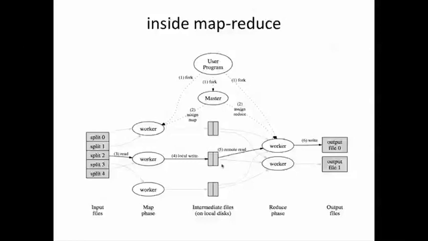Now, you might think that this master, which is a single node, is an obvious point of failure, and that is indeed the case. If the master fails, the MapReduce task indeed does fail. However, MapReduce works on large numbers and probabilities. The chance of 1 amongst 1,000 machines failing is almost 100%, as we argued a while back, even though the chance that any one of them fails might be less than 1% or even 0.1%.